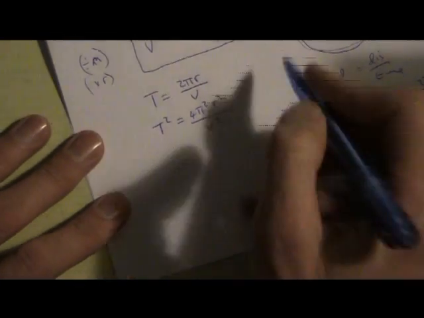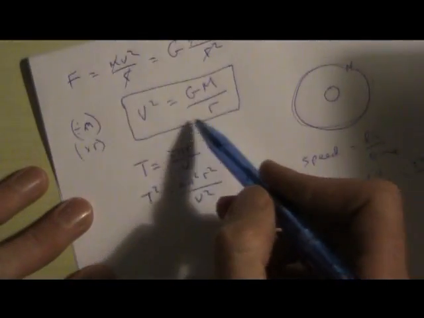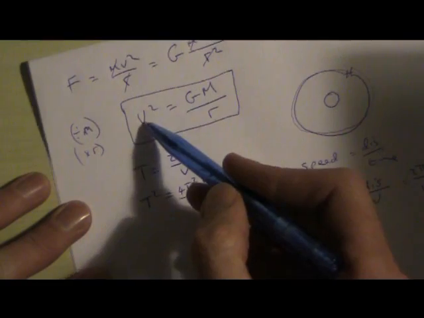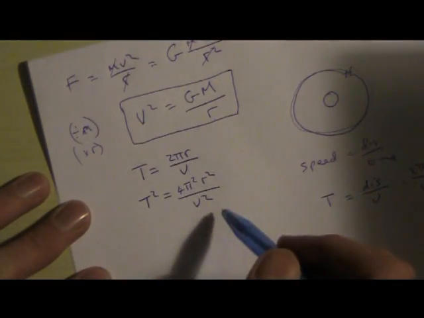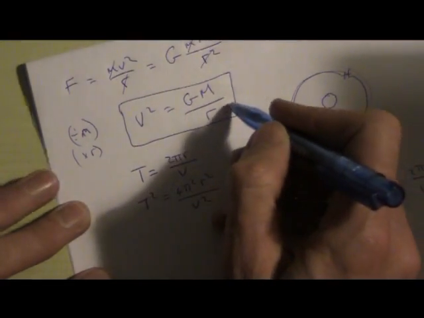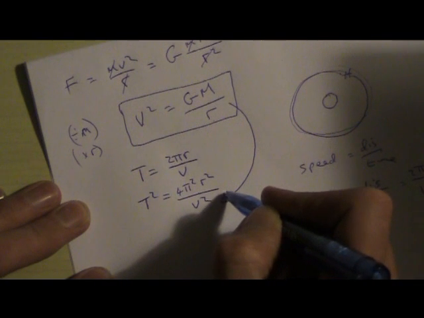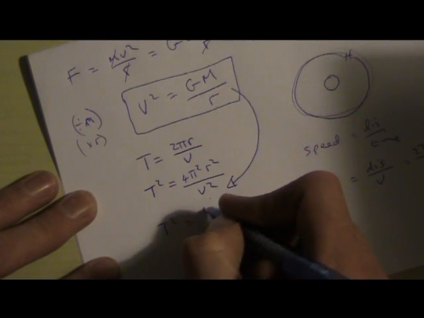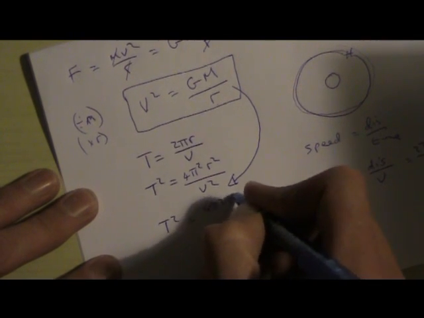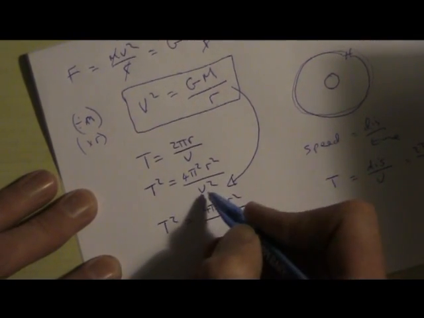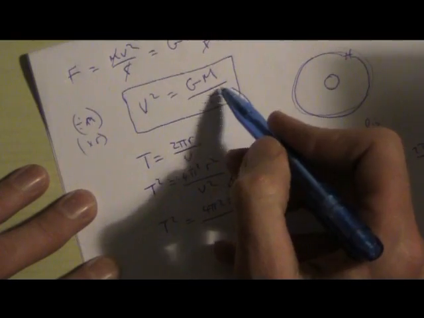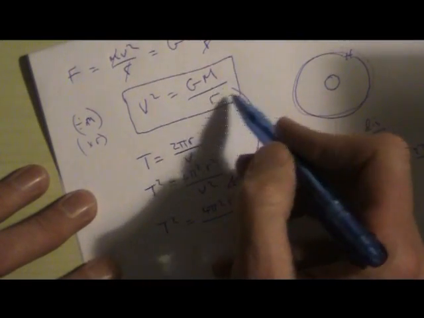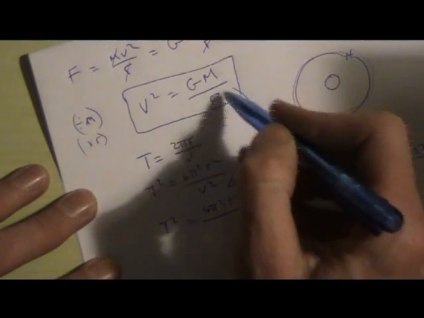Then look up here. I have an expression for v squared, so if I stick this expression in instead of this expression here, what do I get? I get T squared equals 4 pi squared r squared divided by, now I'm dividing by a fraction, and dividing by a fraction is the same as multiplying by the inverse of this fraction.